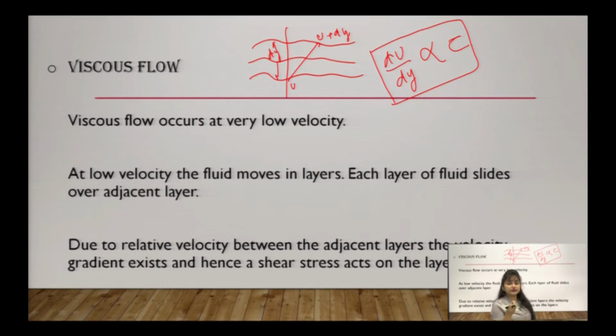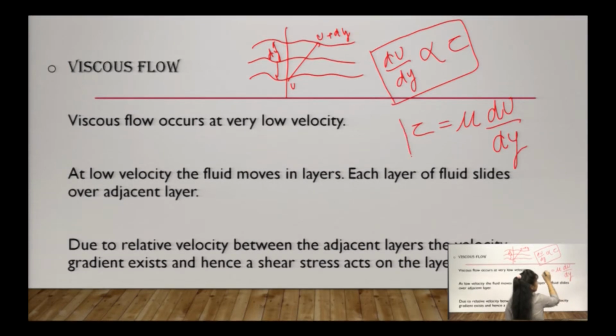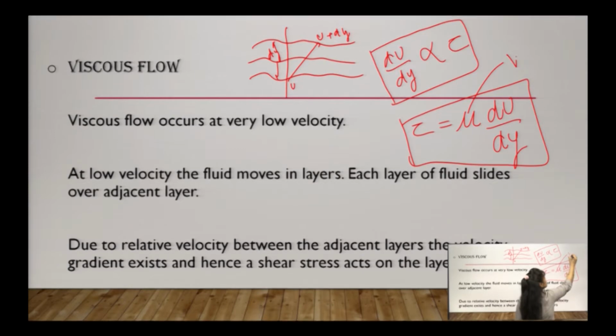One of the properties of fluid was viscosity, and we have replaced the proportionality sign with a constant, mu del u over del y. Mu is nothing but the viscosity.